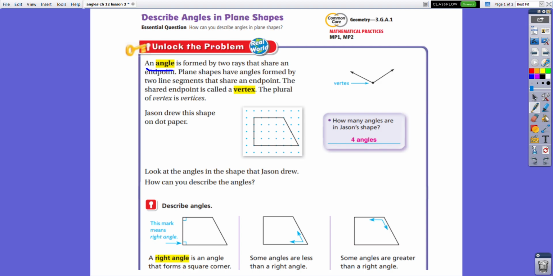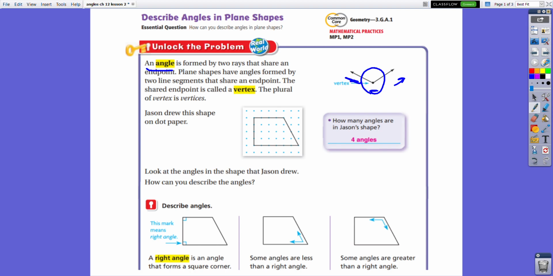This is the area that is connecting to each other. We call it angle. So when two rays are meeting together in one area, this meeting area we call it angle.